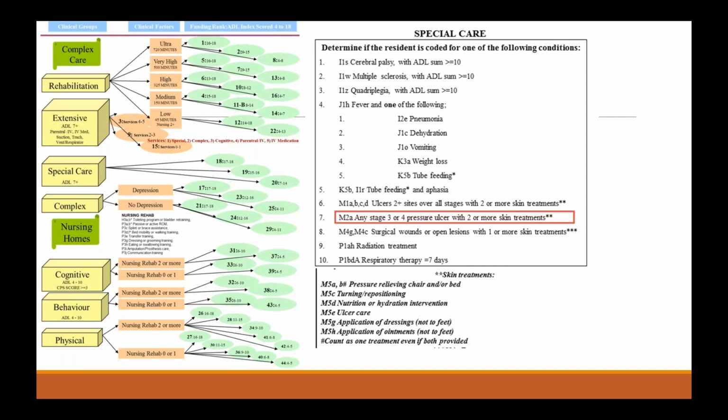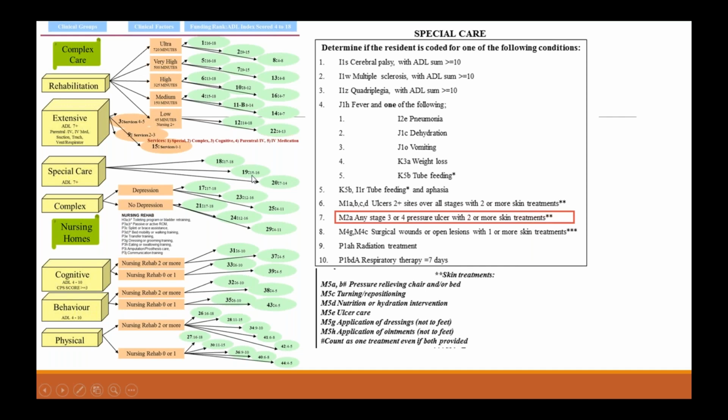If you do qualify because of a stage 3 or 4 pressure ulcer, then it's your ADL score that determines how much funding you're going to get. So if you have a low ADL 7 to 14, you're going to be in the 20th highest funded group. Remember, there's 34 groups altogether if you're in a nursing home, and there's 44 if you're in a hospital.